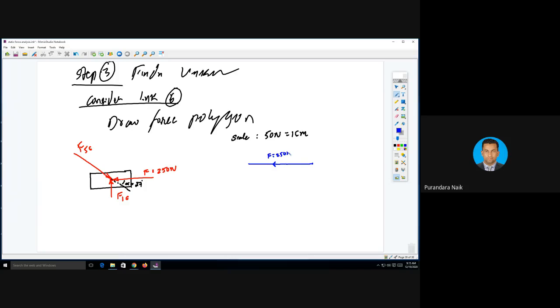250 Newton. This is point A. Sorry, point O, the starting point. O A. Next, you need to take what angle? Alpha angle with respect to F. Look at this, this is alpha. Take 27 degree and draw the line.